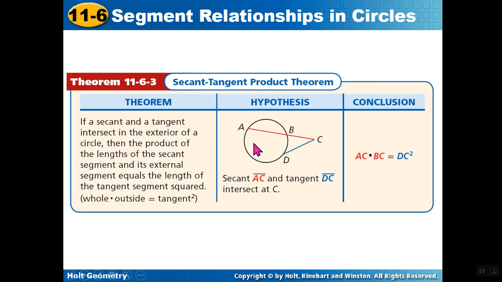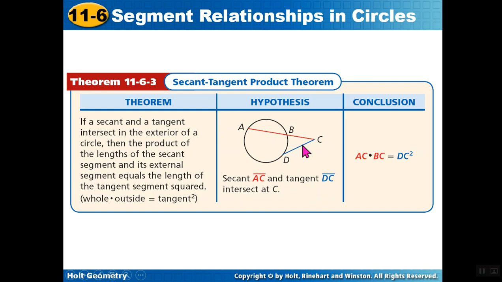Now, in the third theorem, we have a secant, so we have an interior part and an exterior part of the secant segment, and we have a tangent. The tangent has only one exterior part, because the tangent will not go inside the circle. It will touch only the circle.